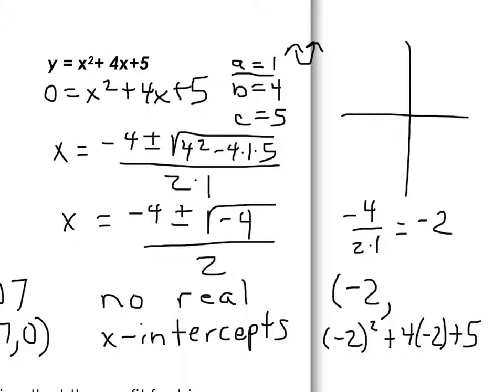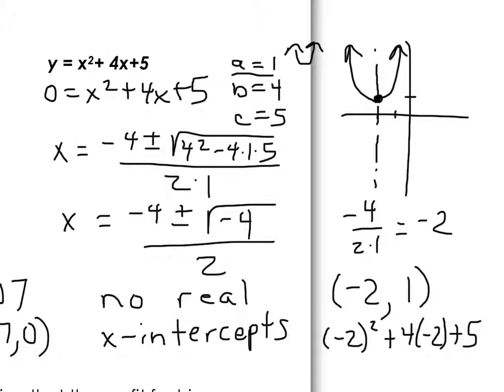That's 4 minus 8 plus 5, positive 1. This graph has an axis of symmetry at negative 2. It has a vertex at (-2, 1), and it points upward.